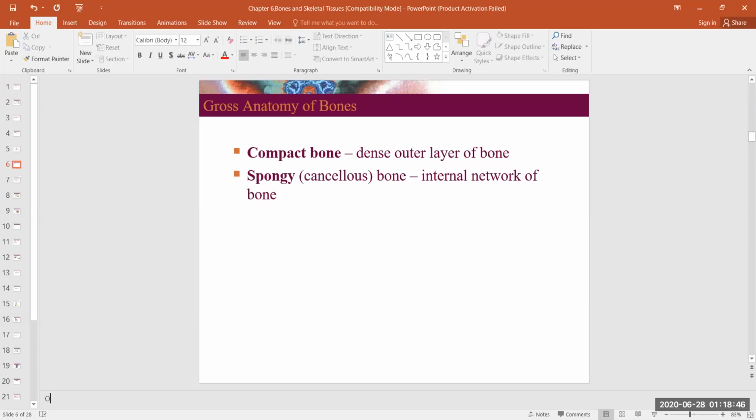We're going to talk about osteons. So osteons are the small units of compact bone. Compact bone means hard bone. Okay. Whereas spongy or cancellous bone is an internal network of bone, which is found in the epiphysis area mostly.